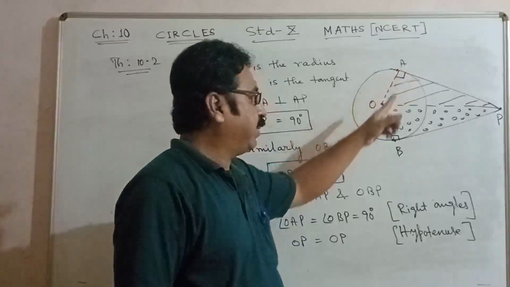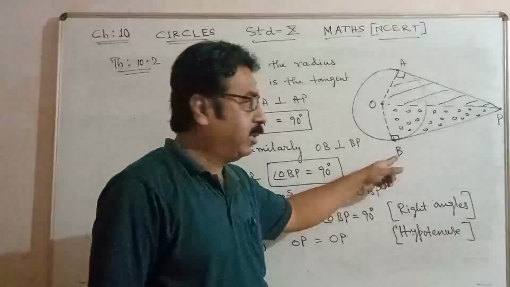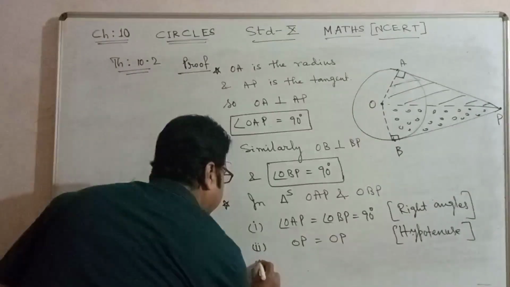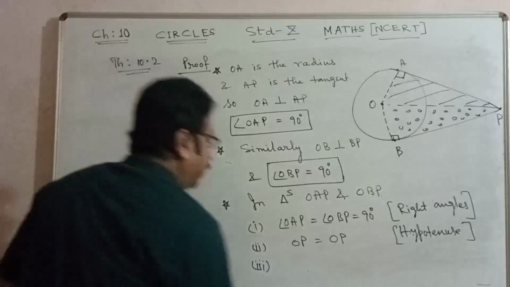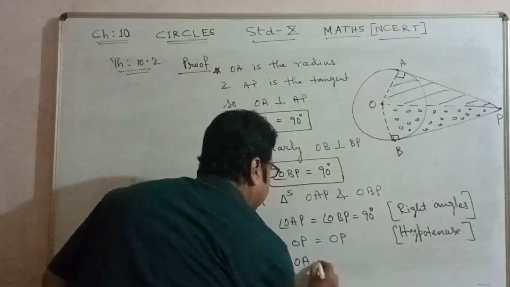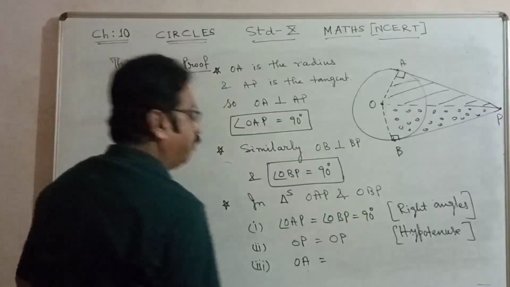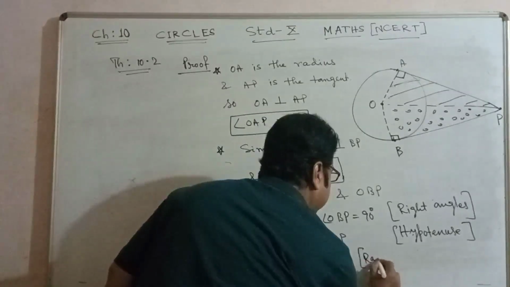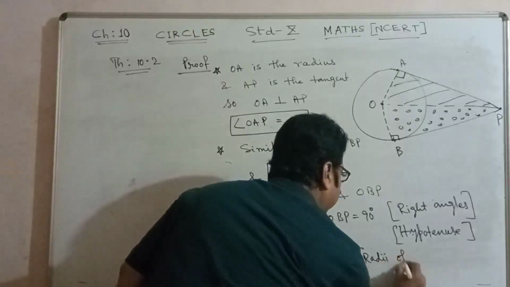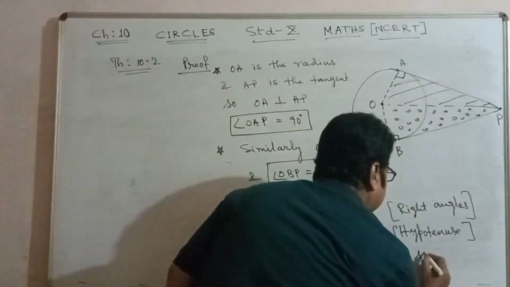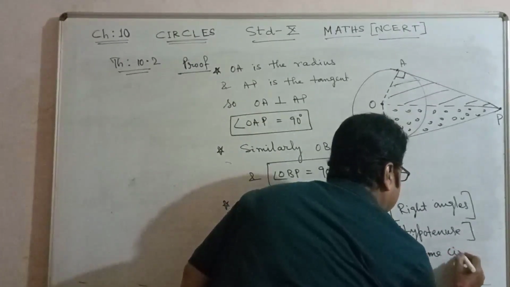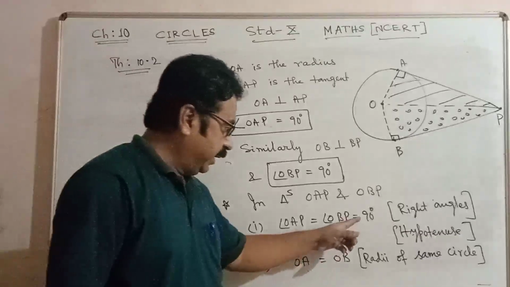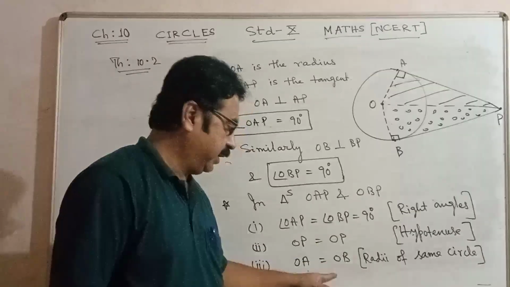OA is the radius of the circle. OB is also the radius of the circle. Both are equal. Third point, OA equals OB, radii of same circle. So right angle, hypotenuse, side.